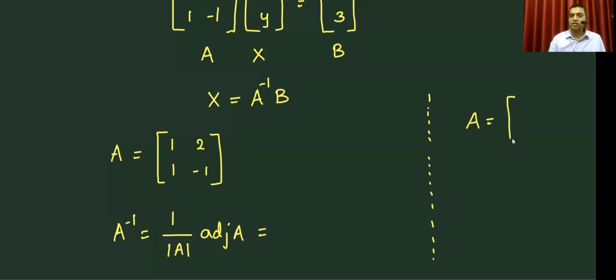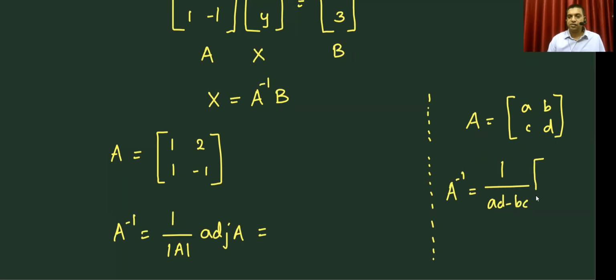If A is [a, b; c, d], A inverse is 1 by ad minus bc into [d, minus b; minus c, a]. a becomes d, d becomes a, and b and c become minus b and minus c. Your adjoint is [d, minus b; minus c, a].